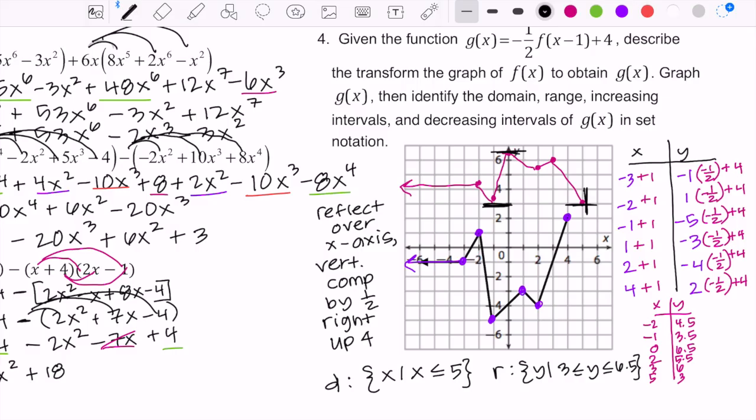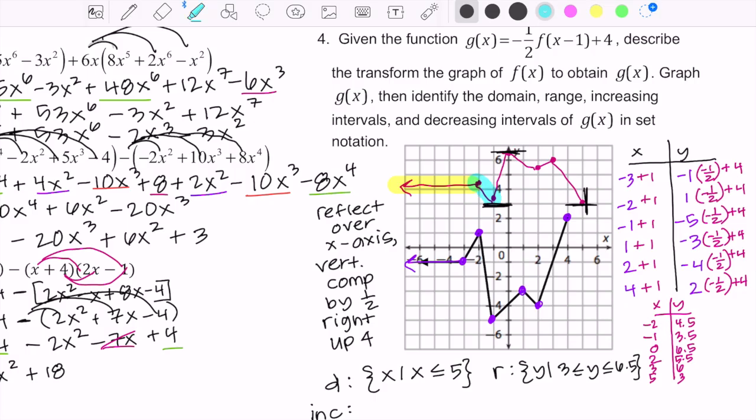And then it asks you to do increasing and decreasing as well. So let's look at those. Those are a little different. You always use no equal to sign on these. So here, as I coast along here, it's constant. So it's not going up or down a hill. Then when I go here, it's going down.